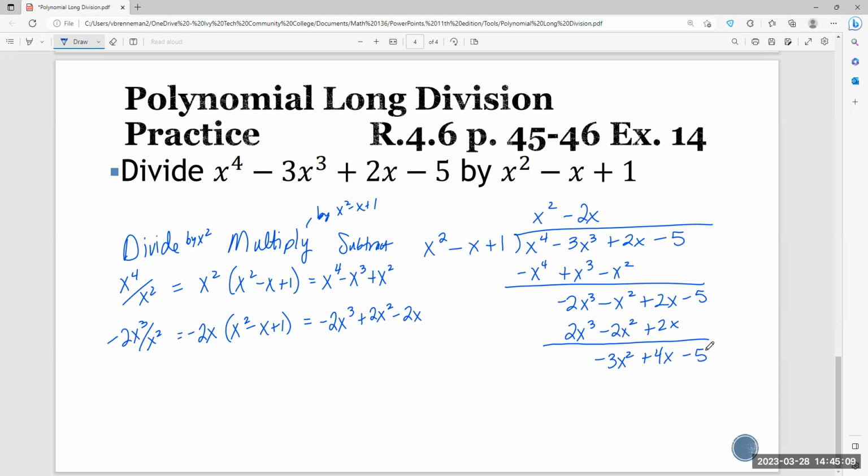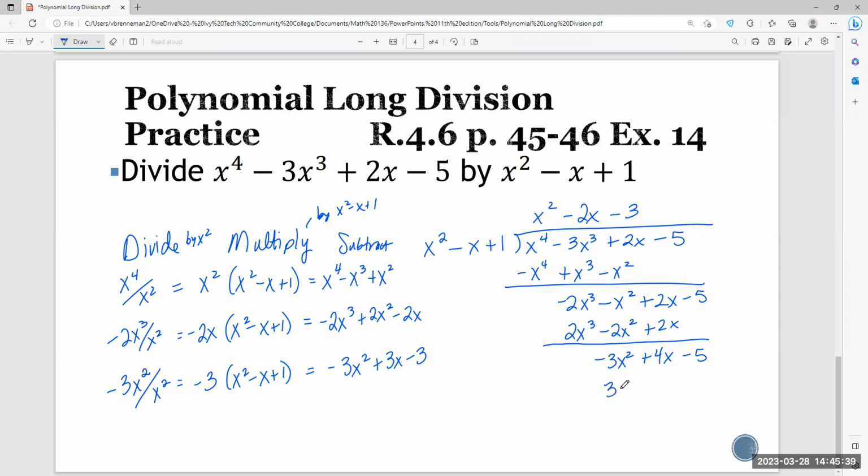All right, we still aren't a lower degree than the divisor, so we have one more step. Minus 3x squared now divided by x squared is negative 3, so that goes on the quotient, and that gets multiplied by the x squared minus x plus 1. That result is negative 3x squared plus 3x minus 3. When I subtract, I switch signs on everything.